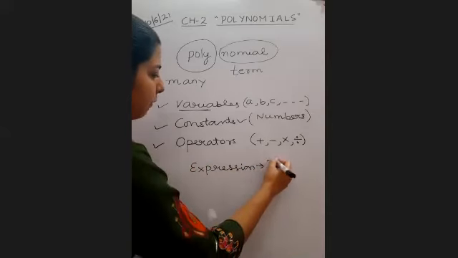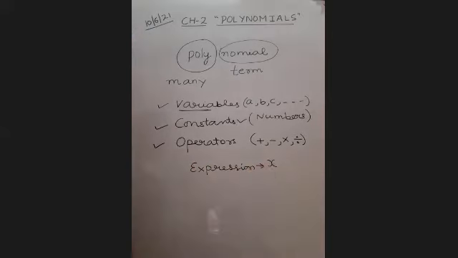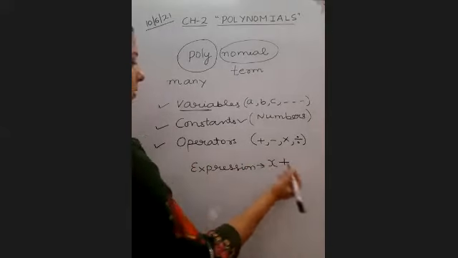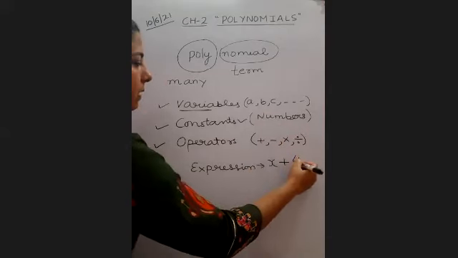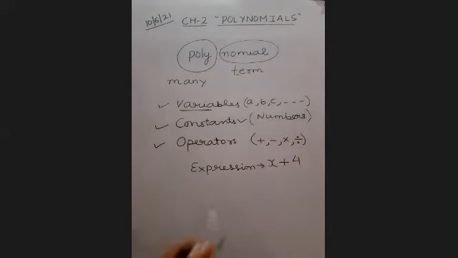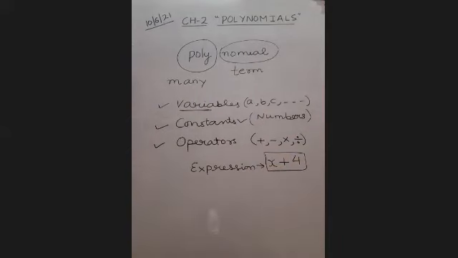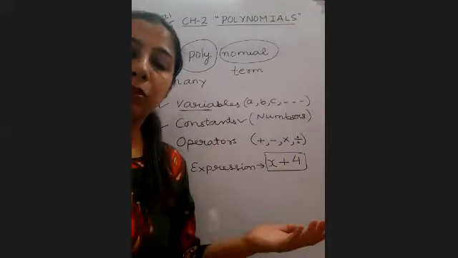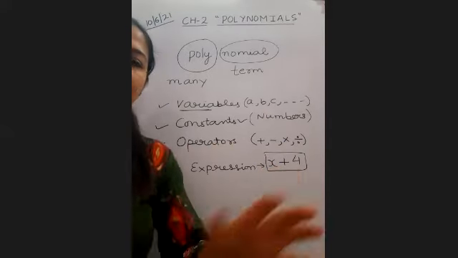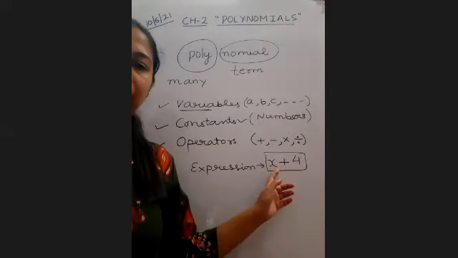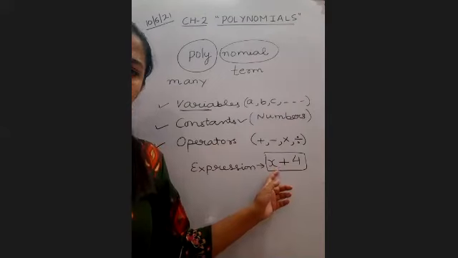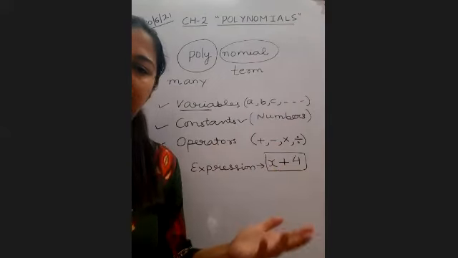For example, if I take variable x, operator plus, constant any number, let's say 4: x plus 4. This is known as an expression, as it is expressing something to you. What is it expressing, children? That 4 is added to some number x.